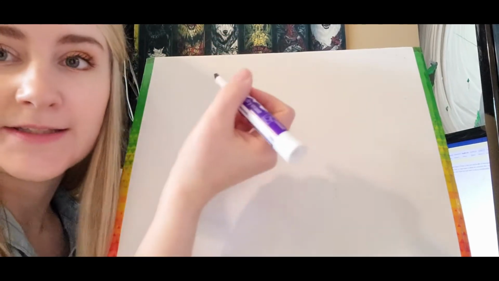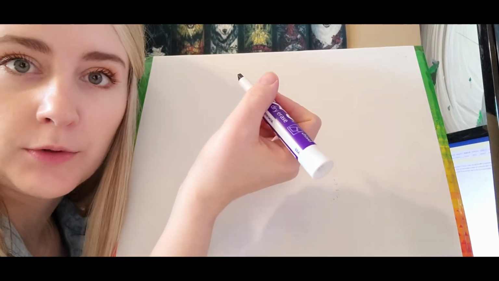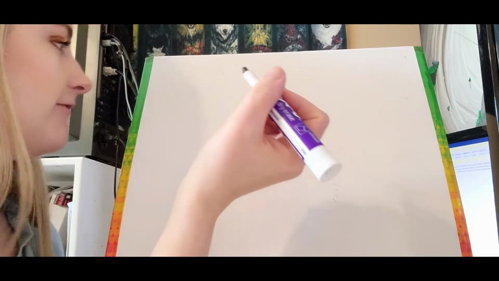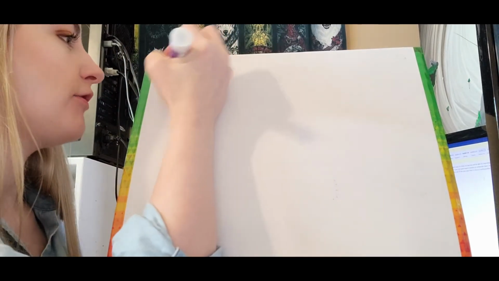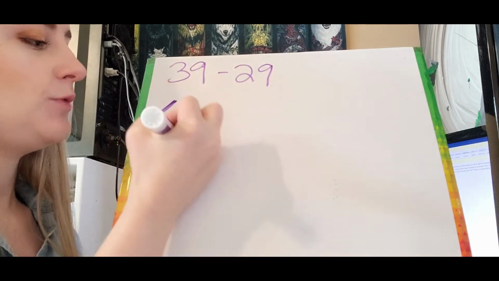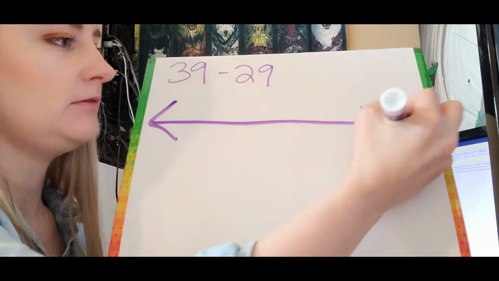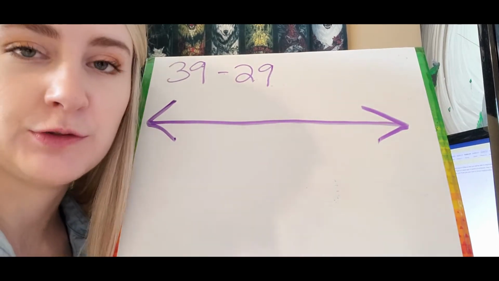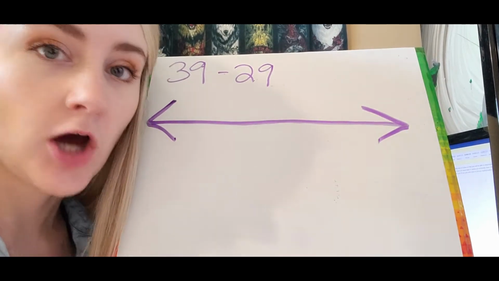Let's do another example. Let's say that you're going to do a harder problem. Maybe not 10 minus 5, but let's try 39 minus 29. Okay, so we can draw our number line. So it's like you don't even have to give your students a worksheet that already has a number line on it.